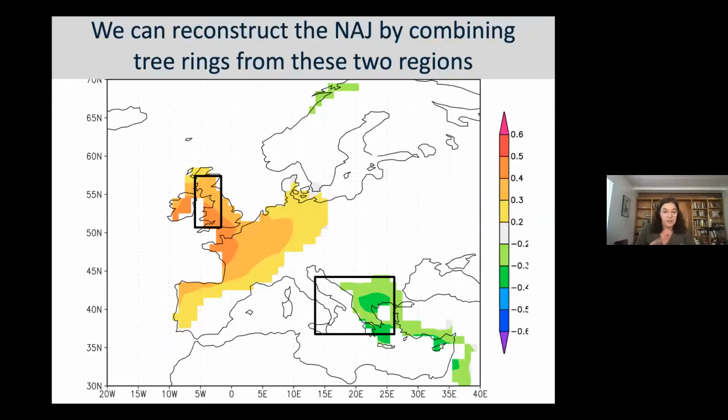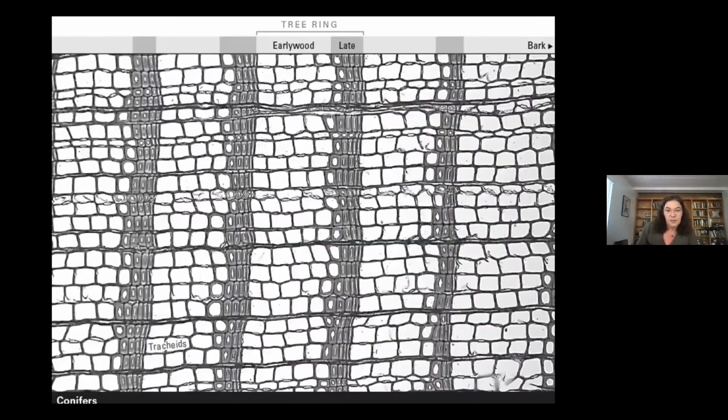As I mentioned, our plan was to use the tree-ring record that we developed for the Balkans, combine it with a tree-ring record from our colleagues from the British Isles, and see whether we can, one, reconstruct temperature in those regions, and two, whether we can reconstruct the jet stream doing that. Just to step back for a second here, this is an image similar to what I showed at the beginning.